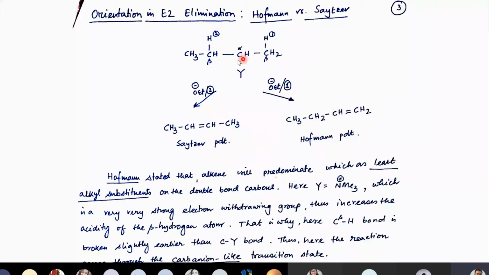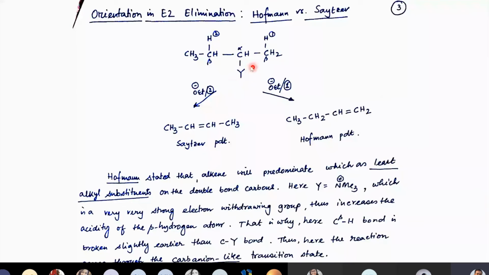This will form when your Y minus is a very strong electron withdrawing group. Remember, this Y could have two possibilities: it could be a highly electron withdrawing group, or it could be a very good leaving group. So in the Hofmann case, it is a very high electron withdrawing group.